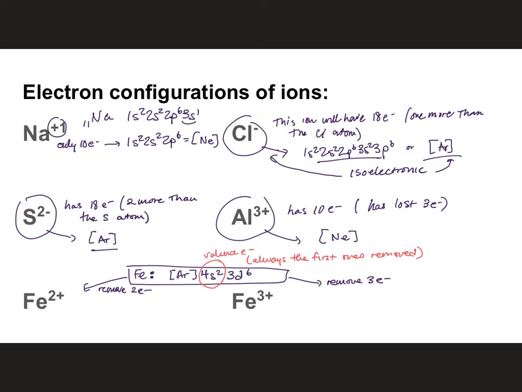So we've been talking about valence electrons for most of this chapter, chapter 3. And when we have a variety of electrons in an atom, we always remove first from the outermost shell. So the electron configuration for the iron +2 particle will be argon 3d6. And for the iron +3, it'll be argon, I have to take one more electron away, which will leave me with 3d5.